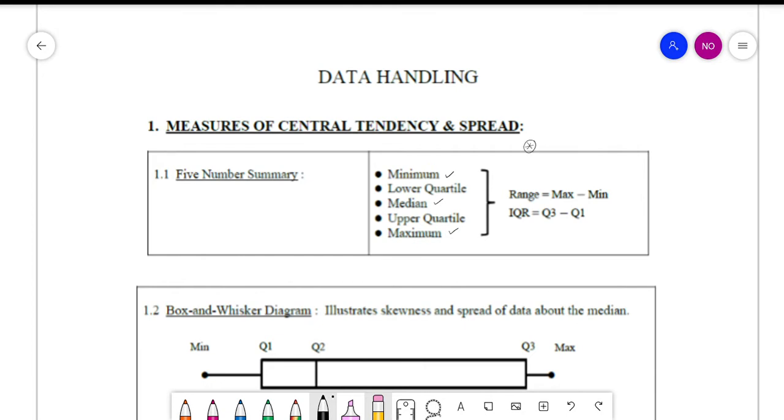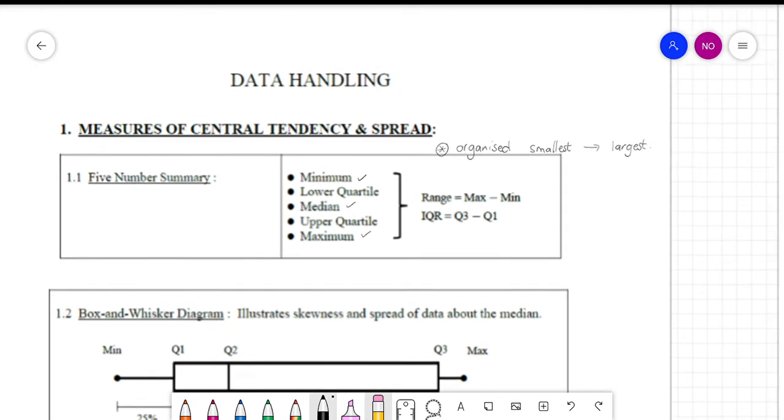Remember, your data has to be organized from smallest to largest. So if I have a data set, I can't simply say the first number is the minimum. I have to make sure that the data is organized from the smallest to the largest. Then the smallest one will be the minimum, the biggest one will be the maximum, and the one in the middle will be the median.